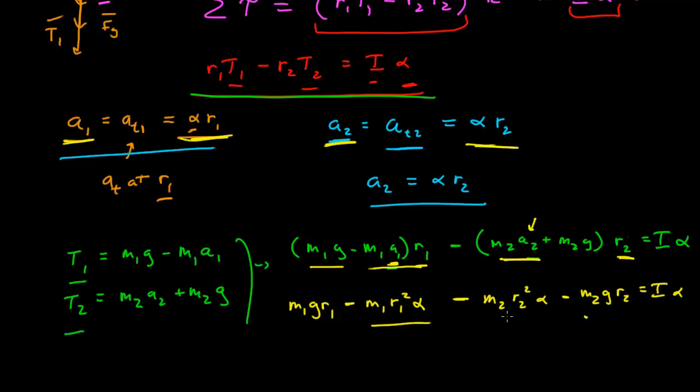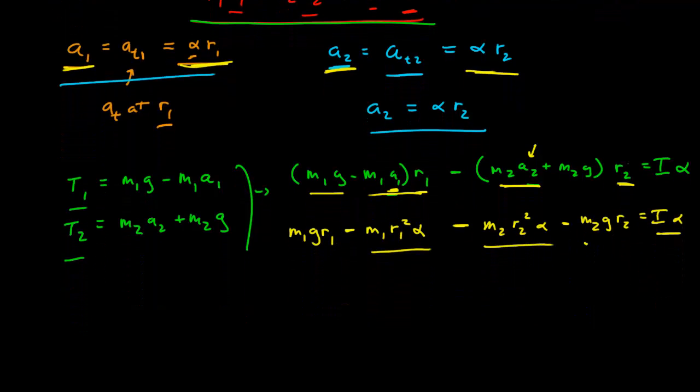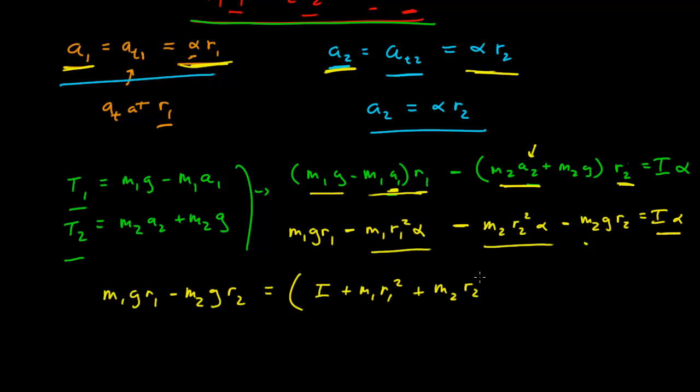I'm going to bring all the terms with alpha together on the right-hand side. And so then I have m1 g r1 minus m2 g r2 is equal to, and then everything on the other side, I plus m1 r1 squared plus m2 r2 squared, times alpha.